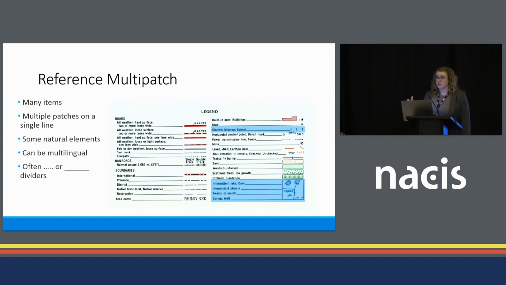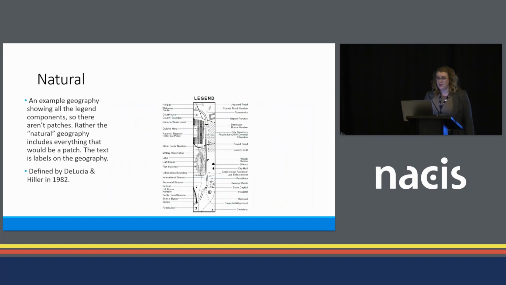They usually have multi-patches because you're trying to fit a lot of information in a small area. They can be multilingual. One of my favorites is in English and Thai, and it's just absolutely beautiful. And they often use either dots or solid lines to go from the text to the patch. This is really helpful when you're trying to make sense of a lot of information. So those are some common things in reference multi-patch legends.